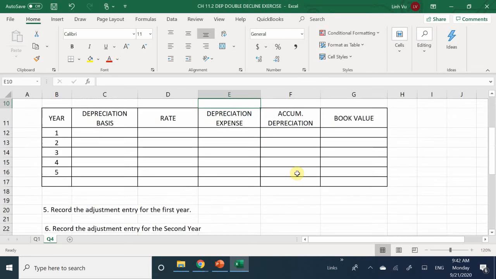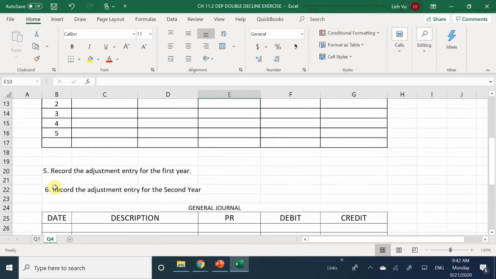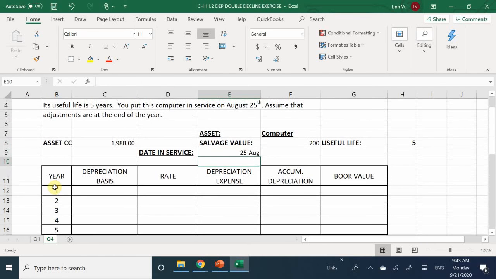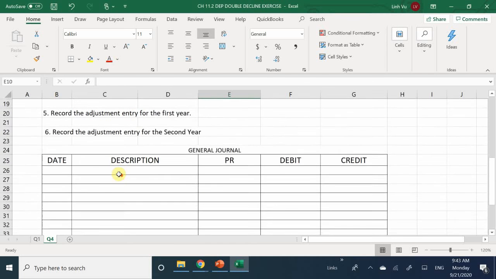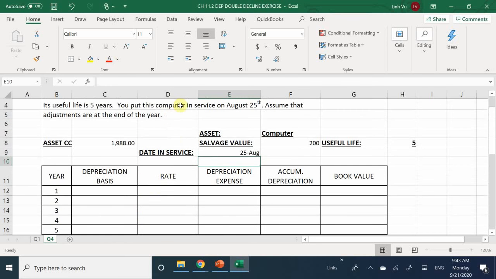Now, notice that in this case we have a salvage value and partial years, okay?